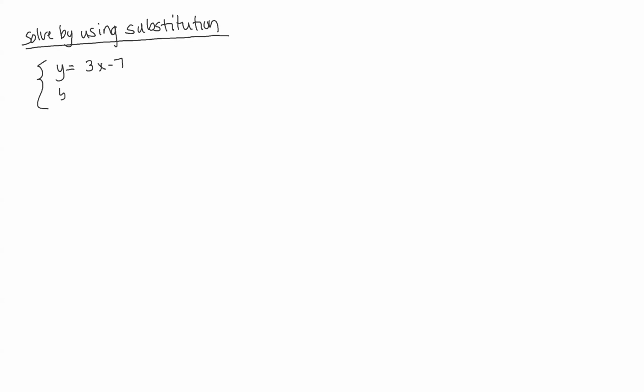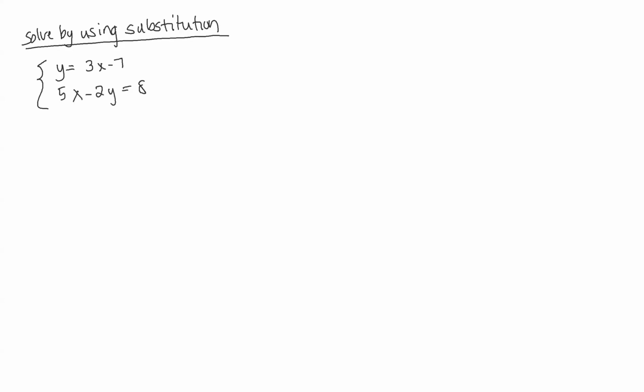Okay, so the first example says solve by substitution. So we're going to solve by using substitution, and we have the system of equations y equals 3x minus 7 and 5x minus 2y equals 8.